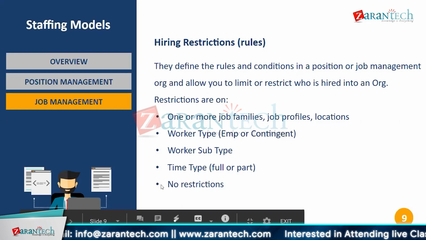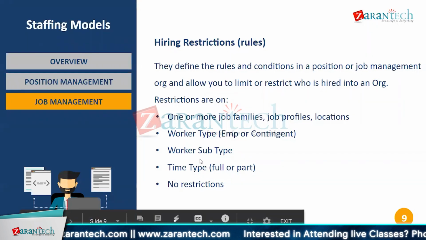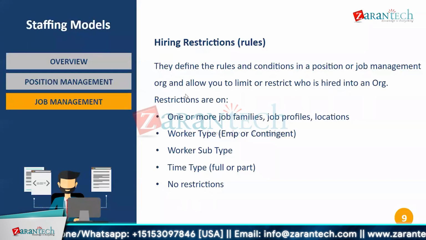And so a lot of the startups or smaller companies that need to grow fast actually use job management. So they don't have to enter job family, worker type, or time type when they're doing the actual transaction. I mean, they can, but in order to hire fast and do the transaction fast, you could say no restrictions. So for a startup or a fast growing company, it's better they use job management.